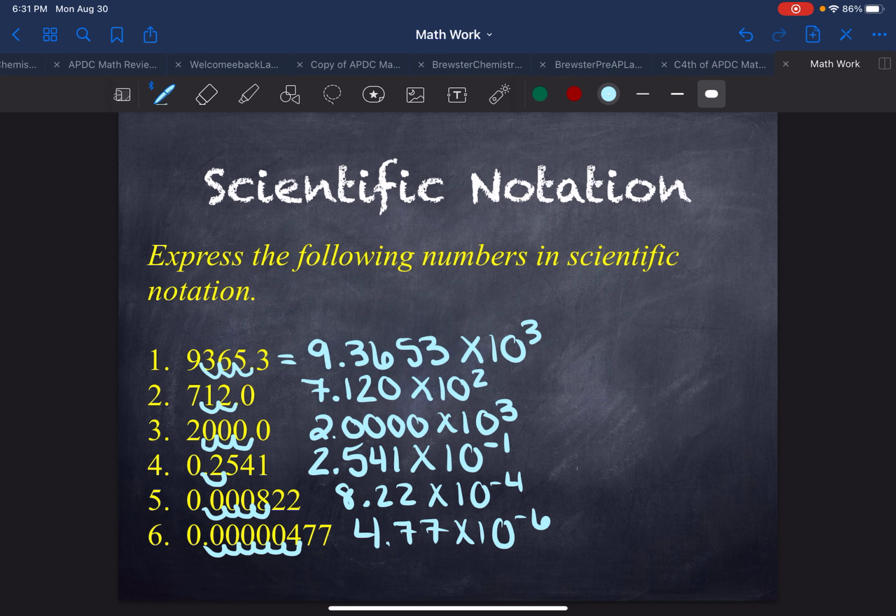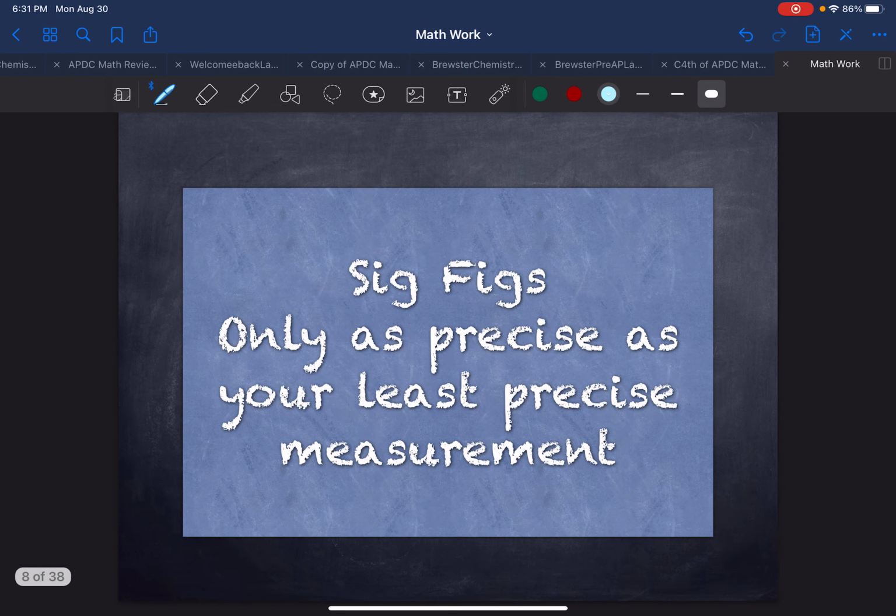And that's scientific notation. So then we discussed sig figs, and sig figs just refers to significant figures, and we can only record to our least precise measurement. So if we're measuring something and it only goes out to 1 decimal, then I can only record 1 decimal.